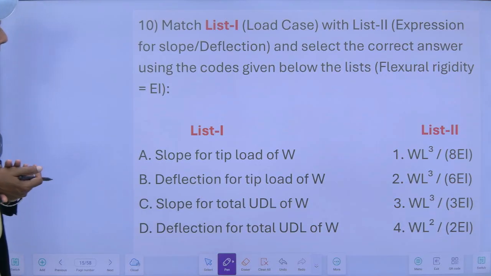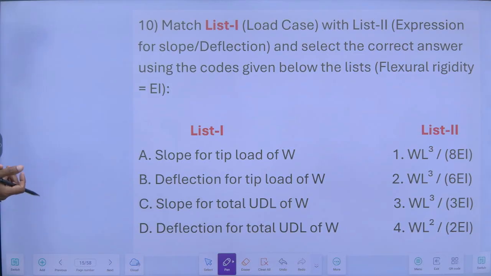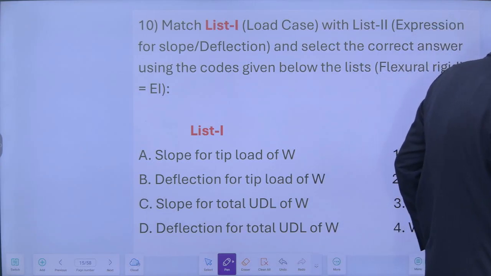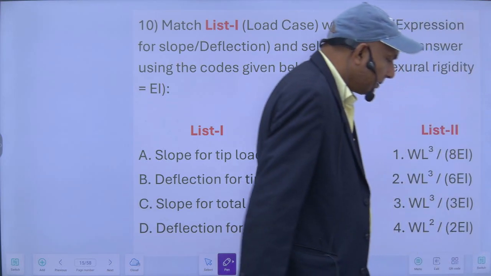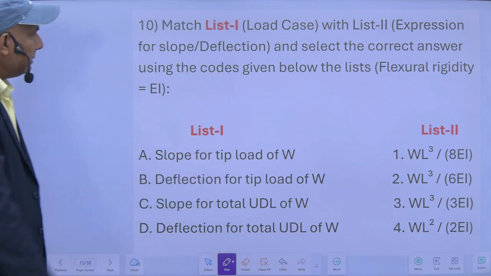This is a load case and expression for slope and deflection, and select the correct answer using the codes given below. Slope for the tip load of W. These all the formulas are for cantilever.